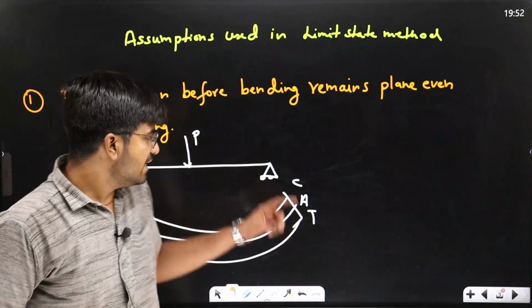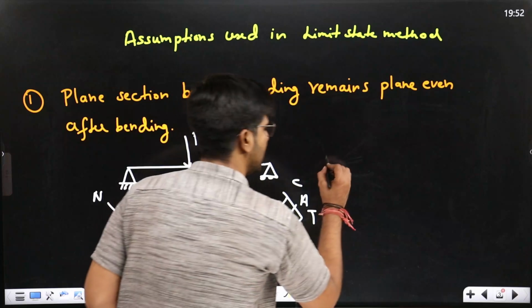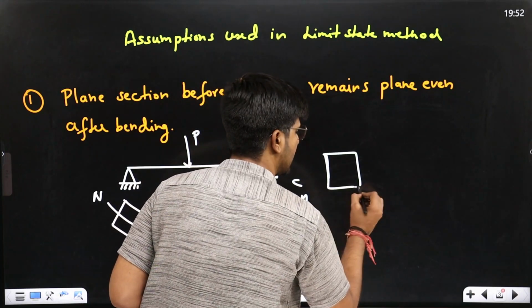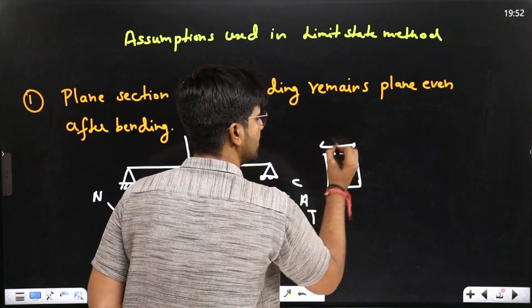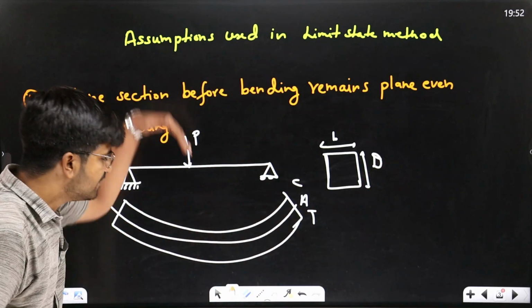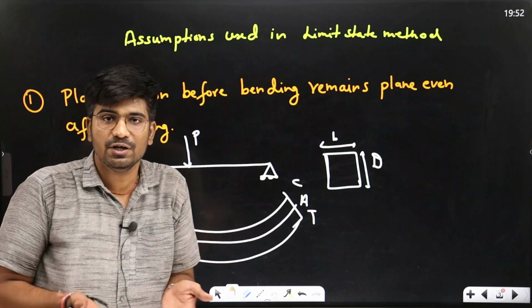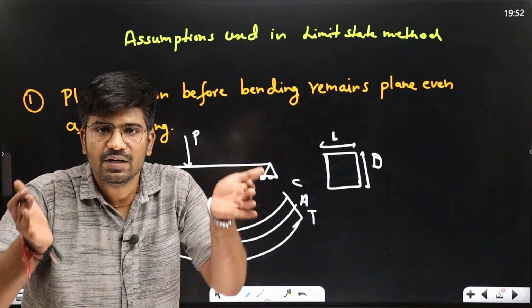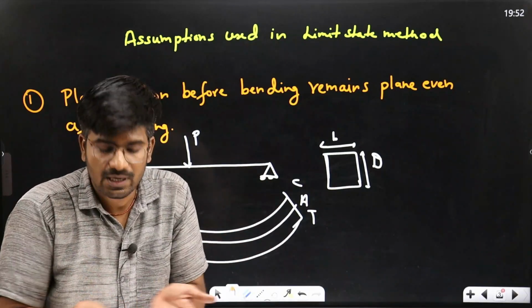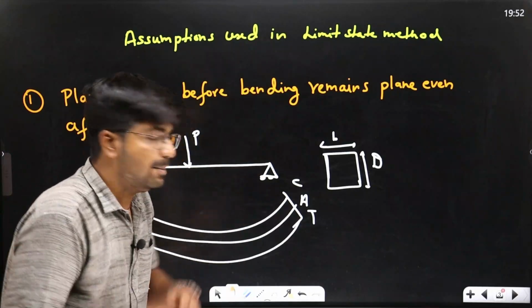Earlier, if you take the cross section of the beam, it is a rectangular section with width B and overall depth D. But after bending, compression is coming in the topmost portion and tension in the bottommost portion.